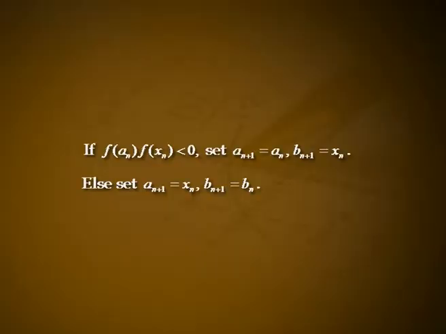If f(an) times f(xn) is less than 0, set an+1 equal to an and bn+1 equal to xn, else set an+1 equal to xn, bn+1 equal to bn. Then f(x) equals 0 for some x in [an+1, bn+1]. The rule of termination of the iteration is similar to those described for the bisection method.